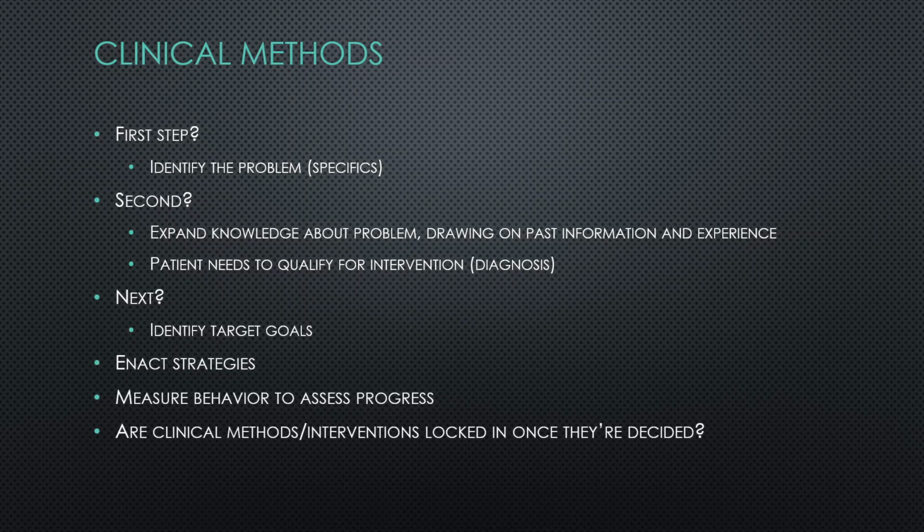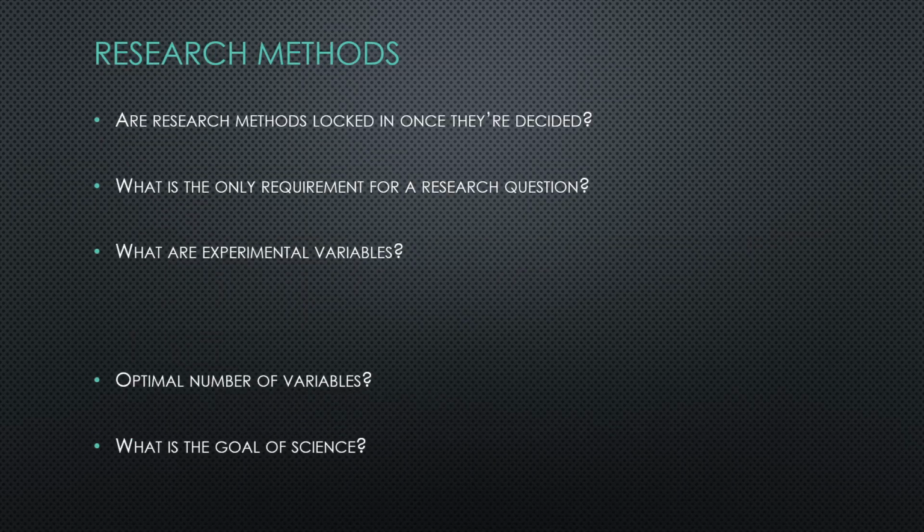You'll give new target goals and progress slowly, but hopefully effectively. Clinical methods are not locked in once they're decided, right? You can change. Your focus here is on the patient, not on the tools and processes that you've decided on.